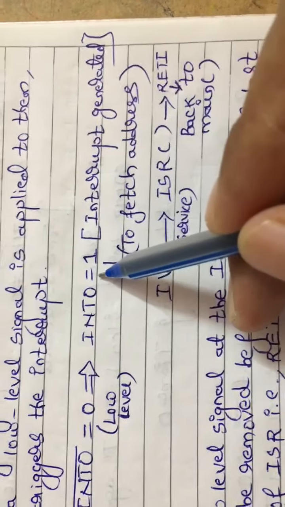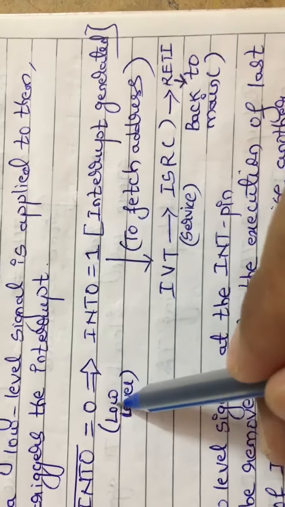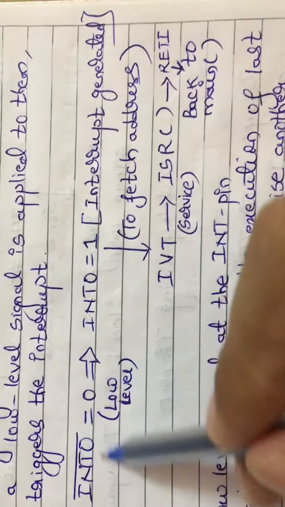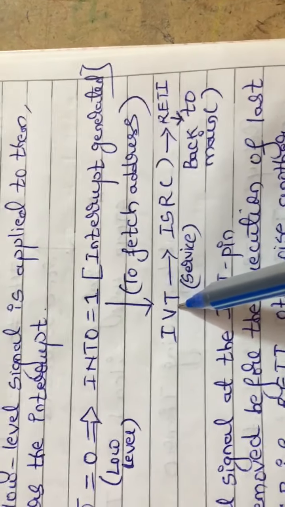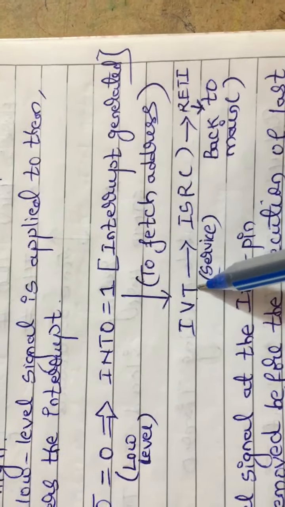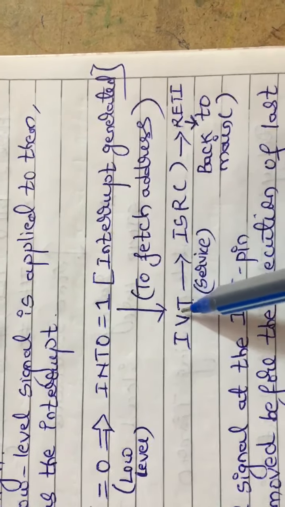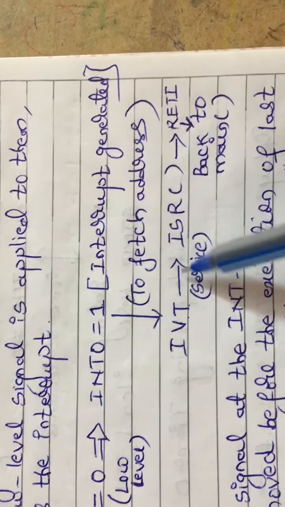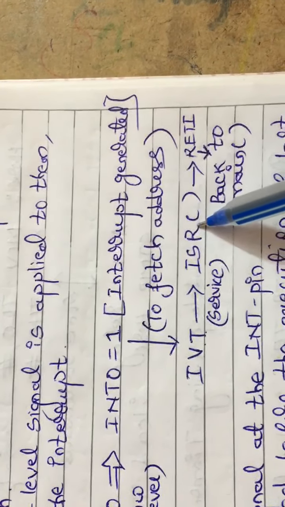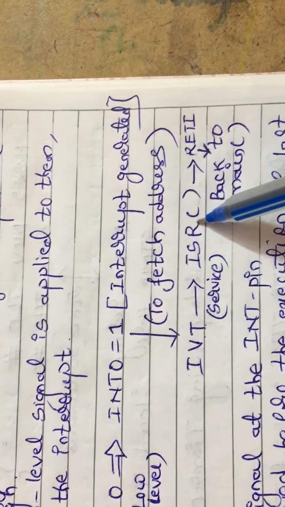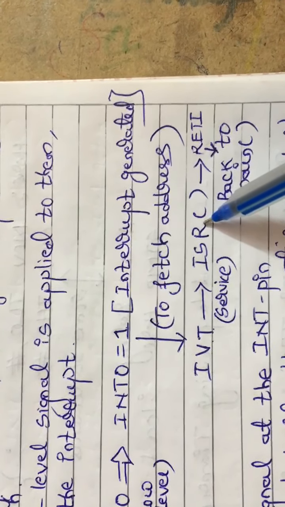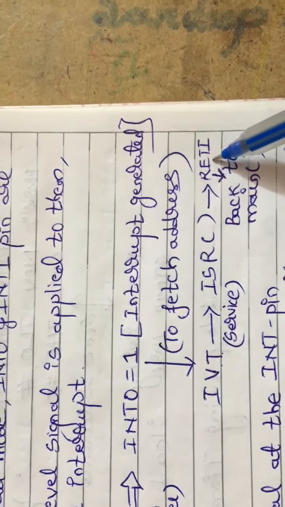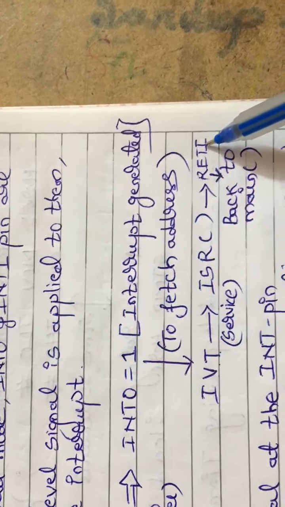When the value becomes equal to 1 after sending the low level to this particular pin, it will fetch the address using the IVT table. After getting the address, the flow is given to the ISR, the interrupt service routine, and the instructions of the ISR get executed until RETI, return from the interrupt.